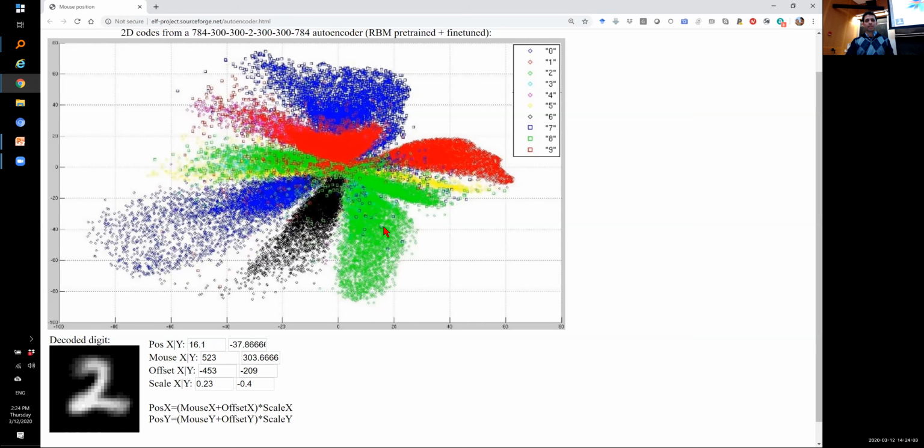And then this is basically using 700 nodes here, 300 nodes here, 300 nodes here. So basically 3 layers, and then the bottleneck of only 2 nodes in the middle.